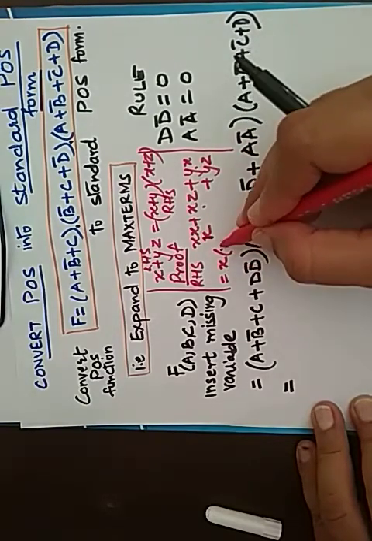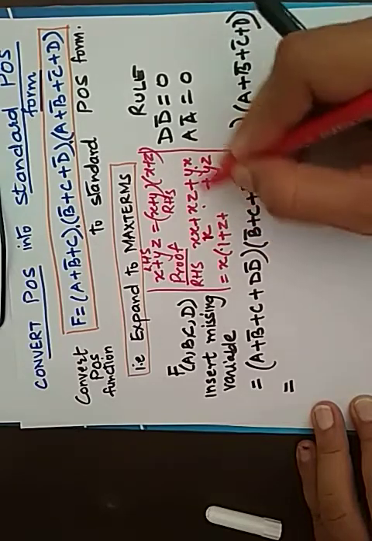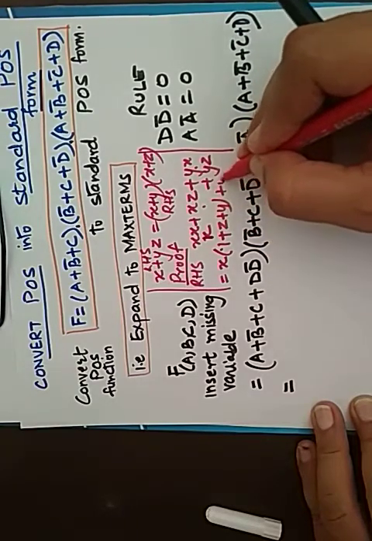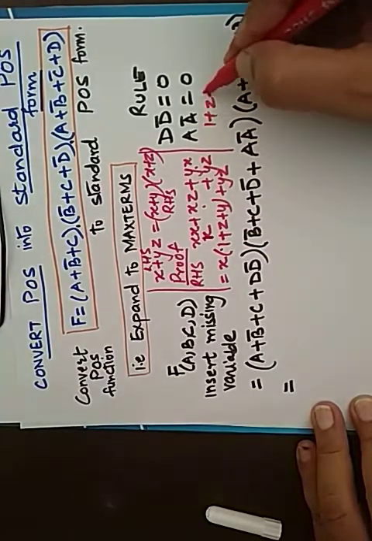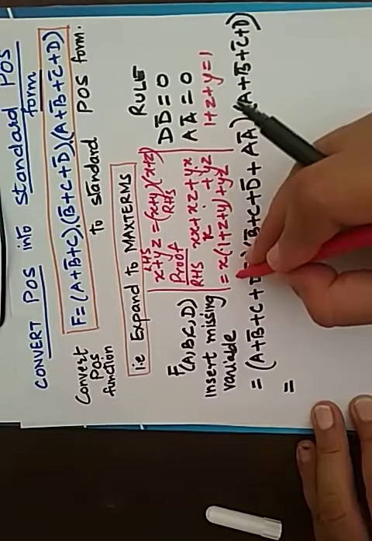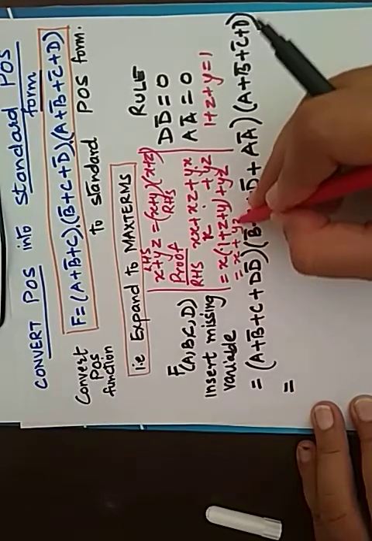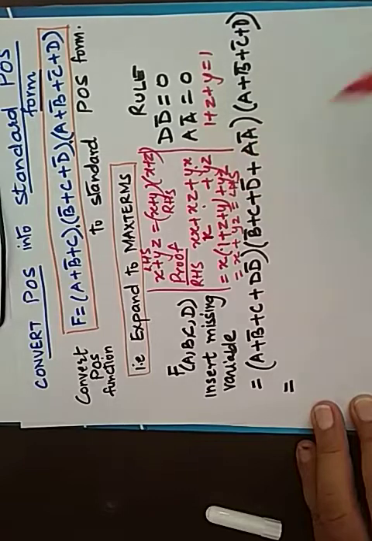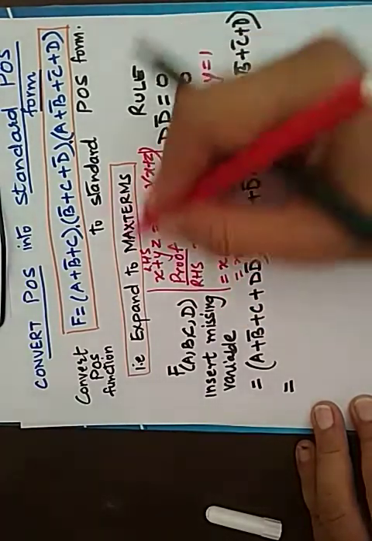So if you take x common, you get a 1 over here plus z plus y plus yz. And you know that 1 plus z plus y is 1. So the whole term becomes x plus yz, which is your left hand side. So this is a proof of this very important law.